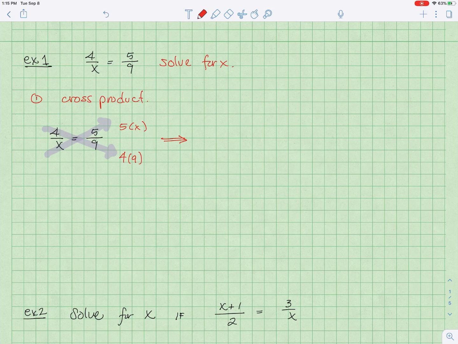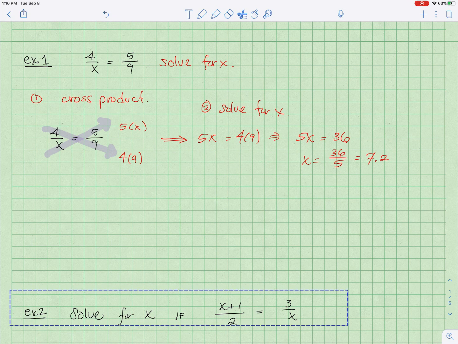And so if that proportion is true and those fractions are going to be equal, then 5x has to be equal to 4 times 9, or 5x has to be equal to 36, in which case x equals 36 over 5, which is about 7.2. So, do a cross product, solve for x in this basic example.